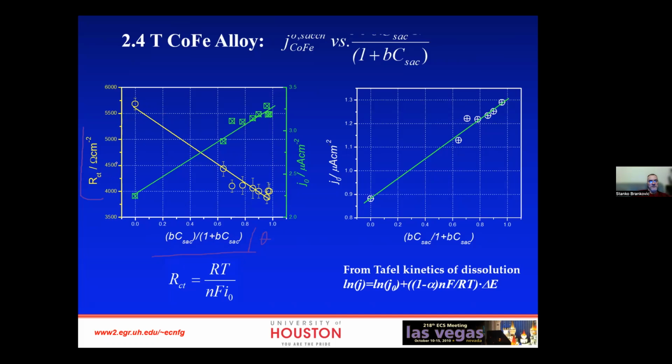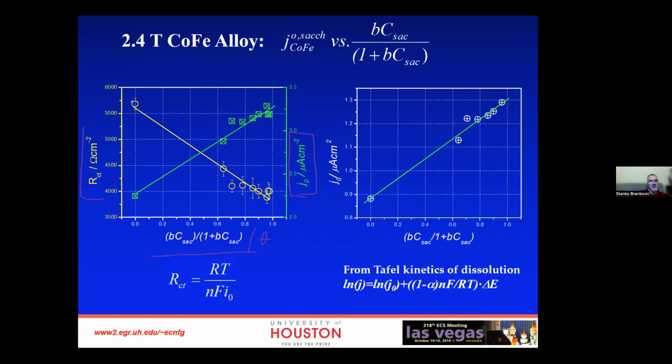And here's what we find. This term here, I just forgot to tell you, is the exchange current density for dissolution of the saccharin, anodic dissolution. And you can see the higher the coverage of the saccharin, the higher exchange current density for dissolution, which is very important, which means, the more coverage, the more additive on the surface you have during electrodeposition, it's easier actually to dissolve this alloy after that, okay?